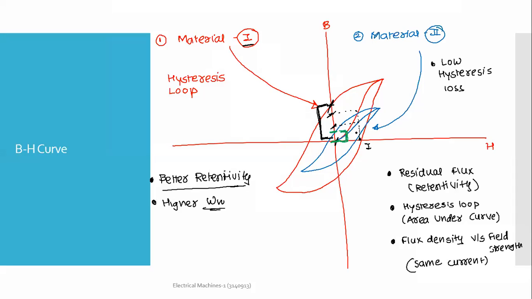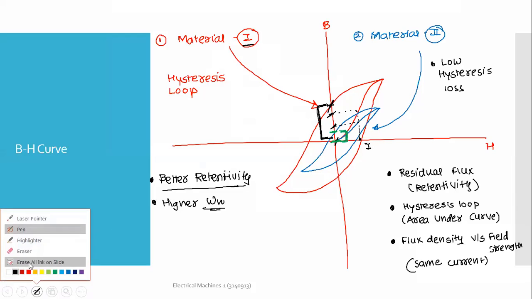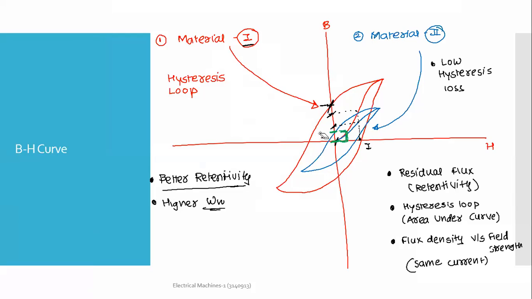For the same current, let me just draw it again. Now I'm drawing this, so understand clearly. Suppose both material 1 and material 2 have the same cross-sectional area.